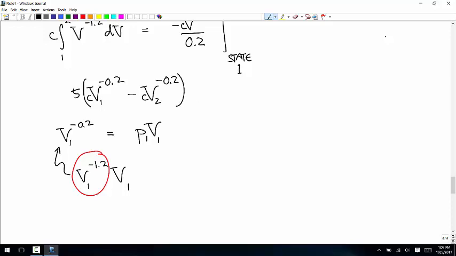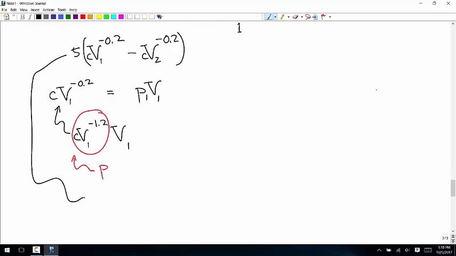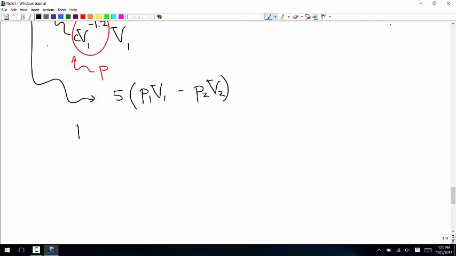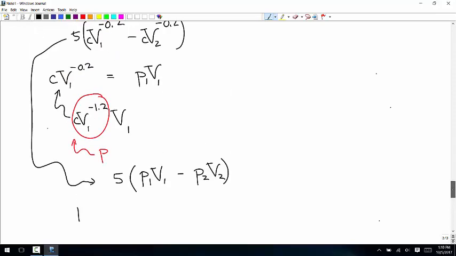Well, I switched which one was. And so this is equal to this, because now C times V1 to the negative 1.2 is equal to P. So now I can write this as 5 times P1V1 minus P2V2, instead of 2 minus 1.